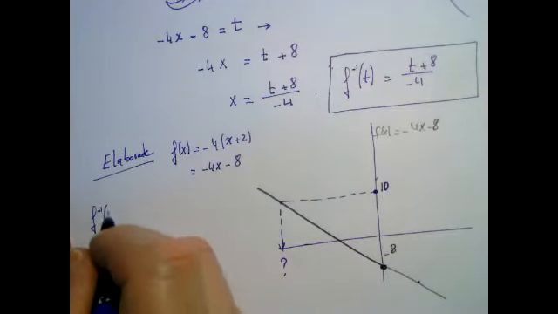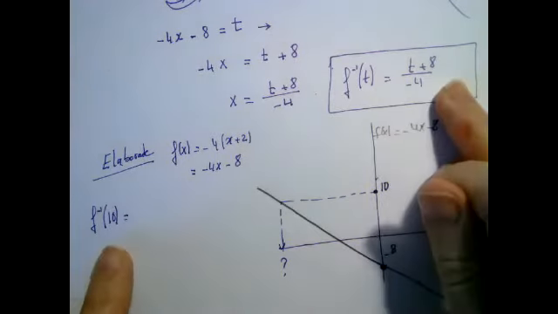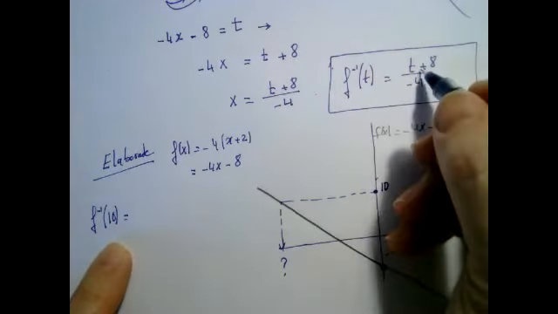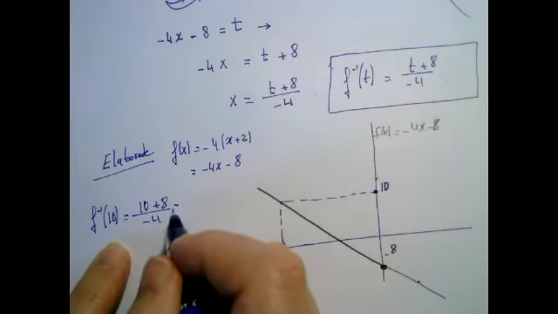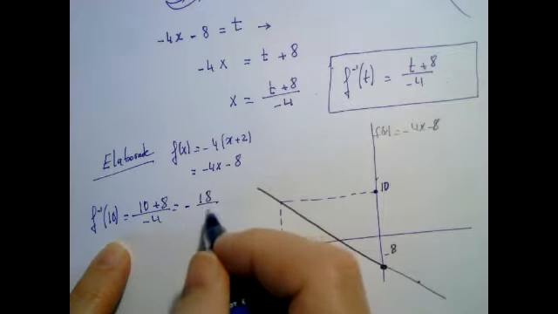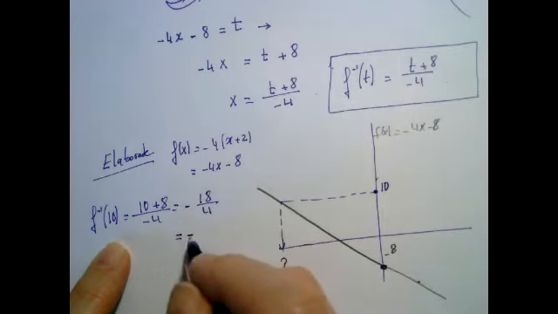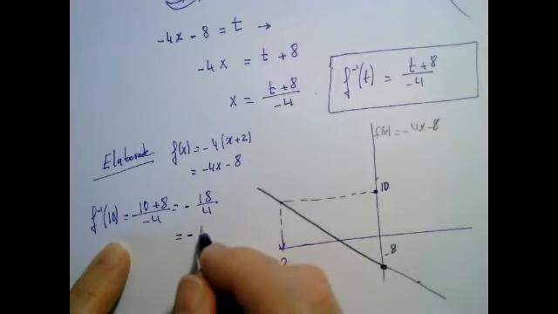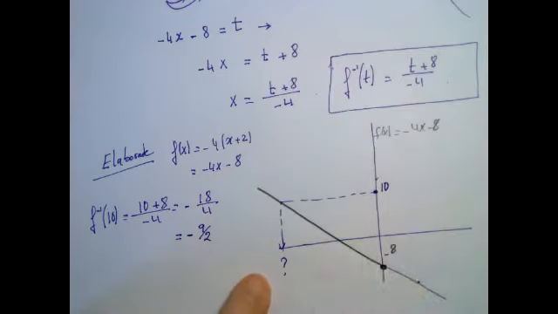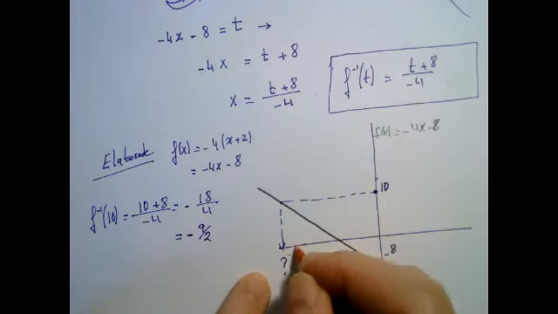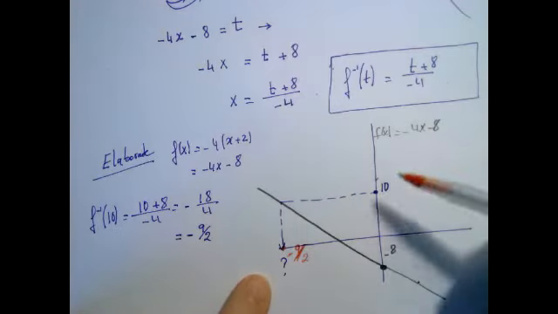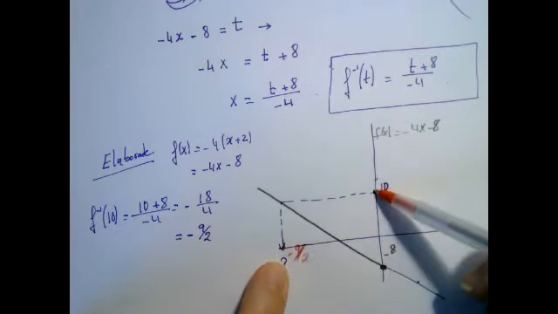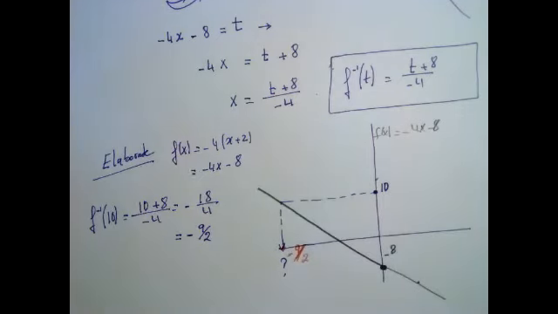I'm going to plug 10 into here: 10 plus 8 over minus 4. That means minus 18 over 4, and if I divide by 2, minus 9 halves. So this point right here should be minus 9 halves. That's what the formula is giving me. You know the output, and the formula gives you the input that gives this output.